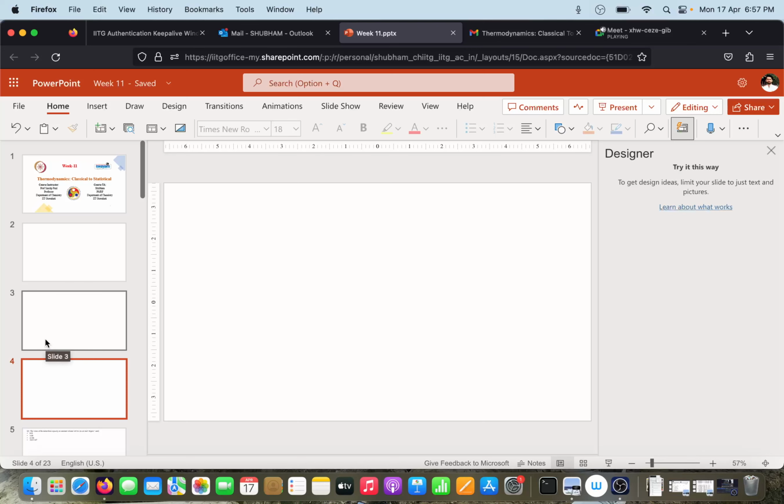Calculate entropy change in evaporation of 1 mole of water at 100 degrees Celsius. Heat of vaporization of water is given. So it is a very easy question. We need to calculate the change in entropy, and we know that it is delta H of transition divided by temperature of transition.